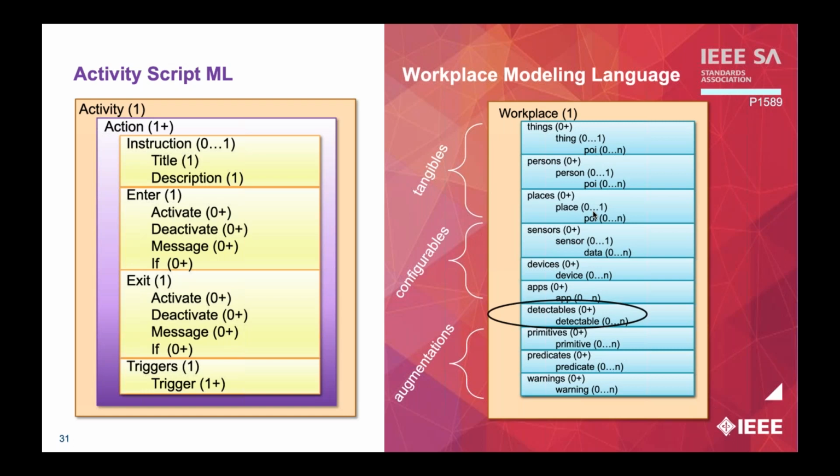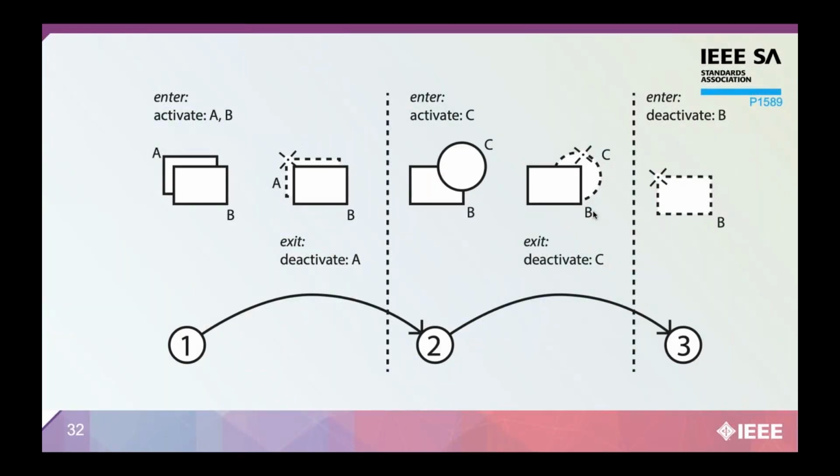In between these and the described standard augmentations, you would find an inventory of markers, image targets, and world anchors, allowing to locate things in the real world, as well as then a description of the standard augmentations available, such as the primitives supported in a specific workplace, primitives being on the level of image or video, but also then more reusable predicates and warning signs. That may be confusing. Let me explain that here at an example.